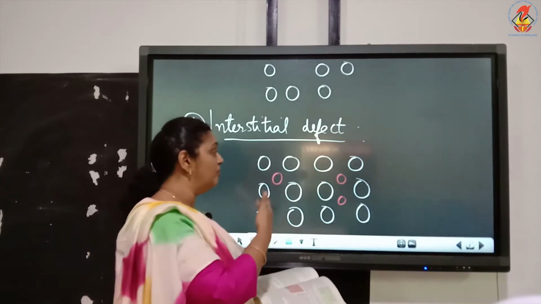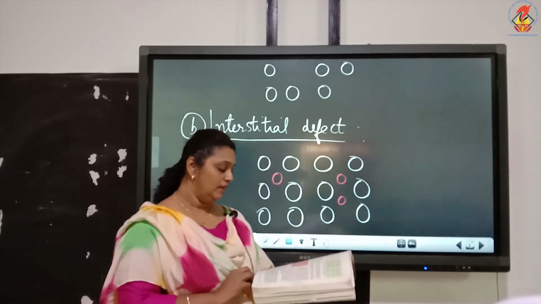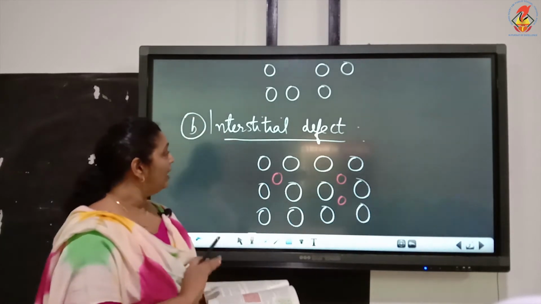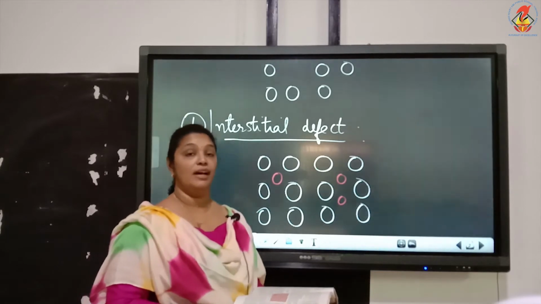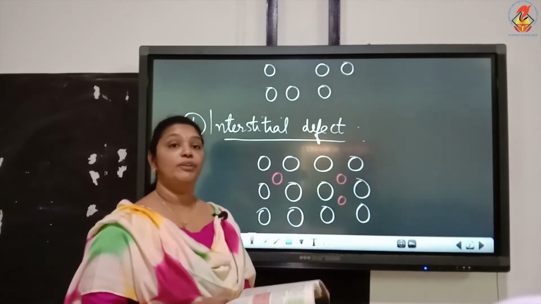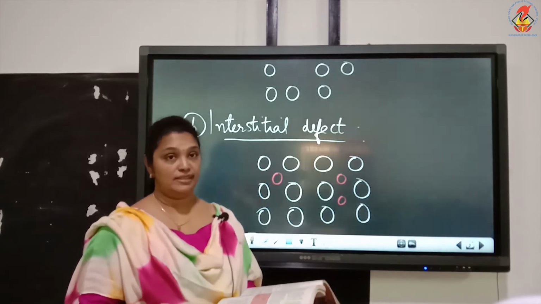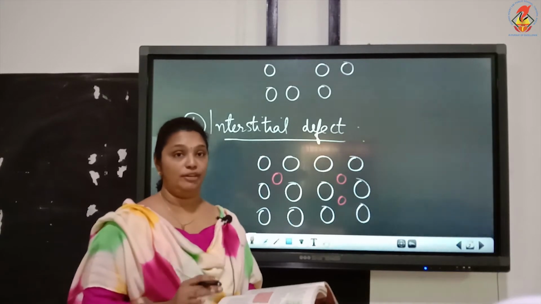And as the number of particles is more, the density increases. Now, this vacancy defect and interstitial defect are usually exhibited by non-ionic solids. But for ionic solids, we have two other defects, called Frenkel and Schottky defects.